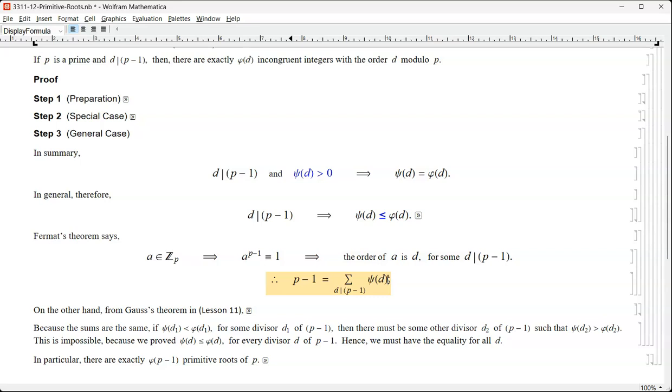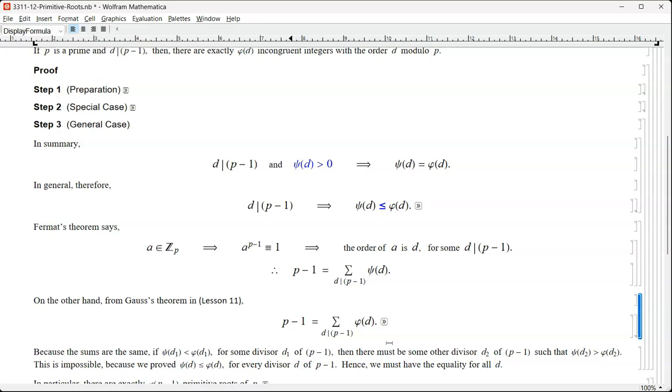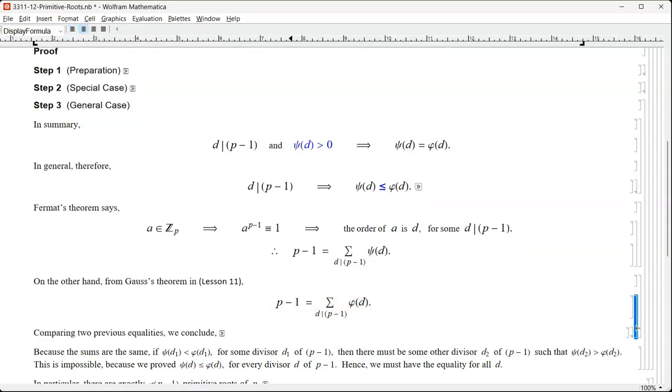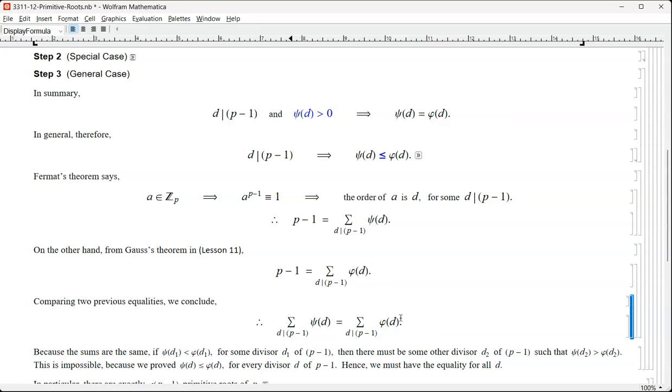And then, let's compare that with Gauss' theorem, which we proved in lesson 11. p minus 1 is equal to the summation of phi of d. Compare these. The summation of phi of d and the summation of c of d must be the same. But then again, c of d is less than or equal to phi of d.